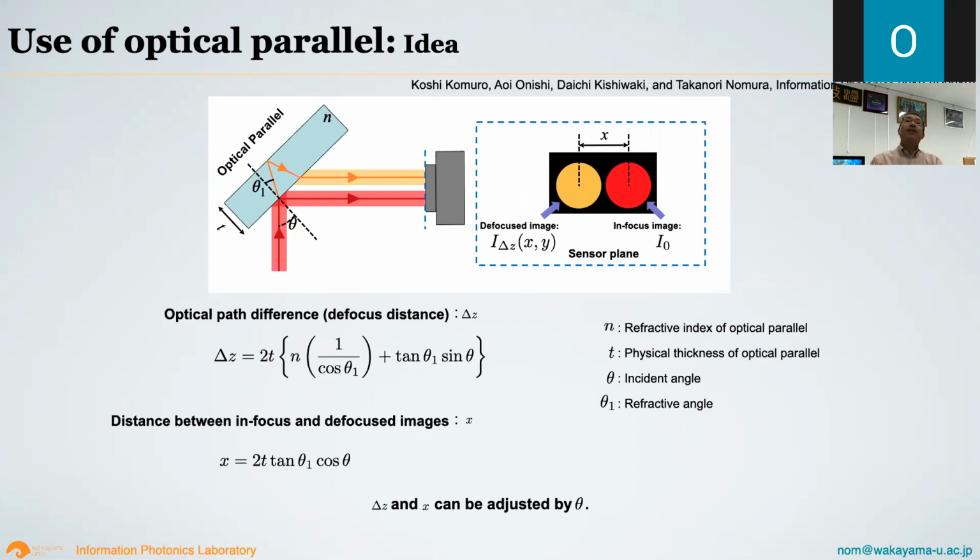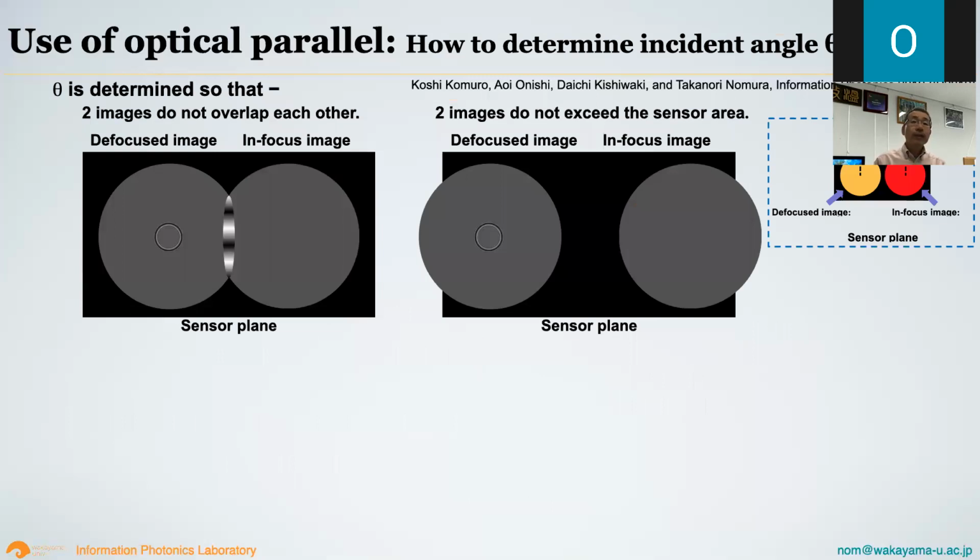The thickness change is not easy, and also the refractive index N change is not easy. So which is important, delta Z or X? Actually X. As I mentioned before, too short and the images overlap. Too large and we cannot obtain the whole images.